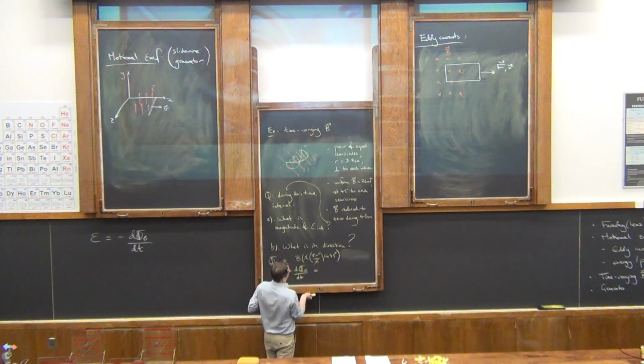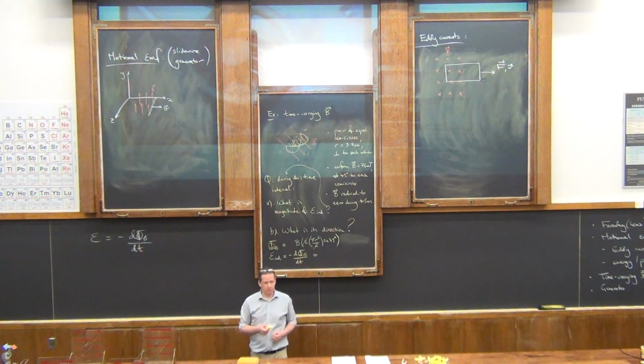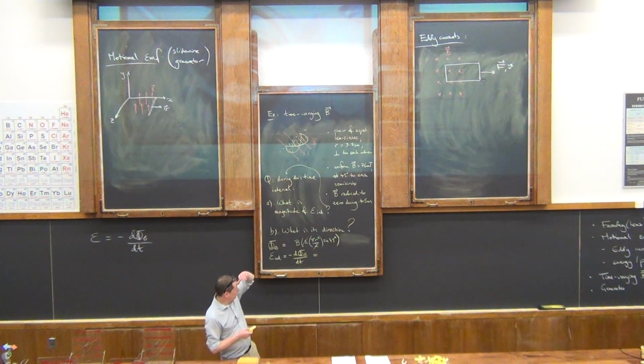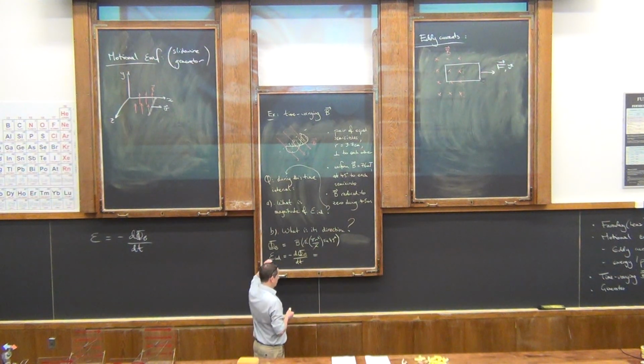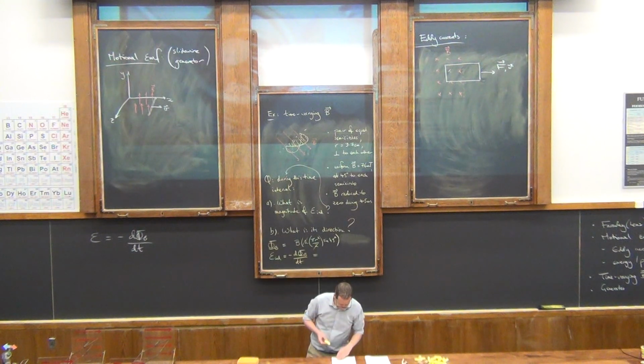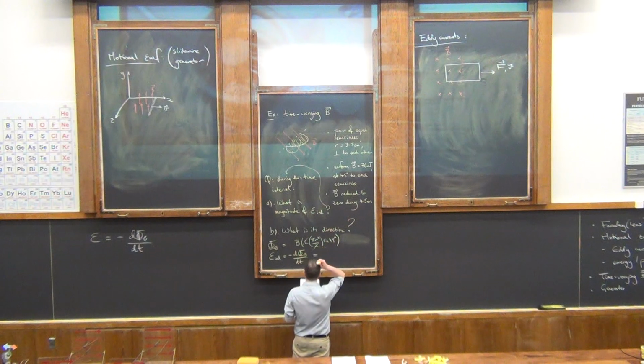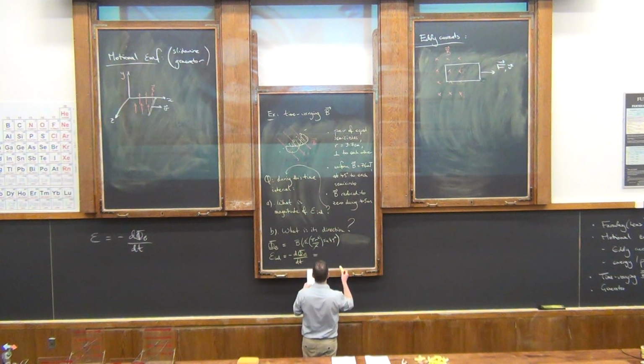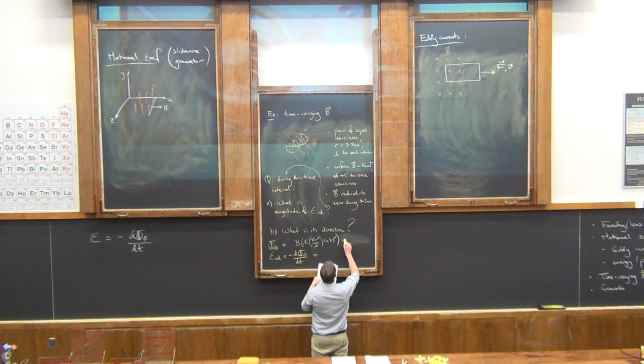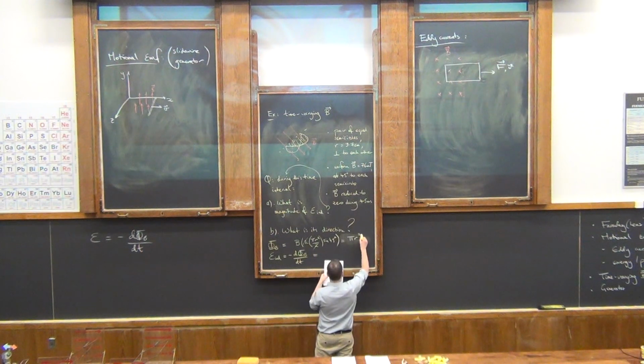All right, so now I've got an expression for the flux passing through this loop, depending only on what the magnetic field is. But now I have to worry about the time rate of change of this. So this should be pi r squared B over root 2, coming from the sine 45 degrees.